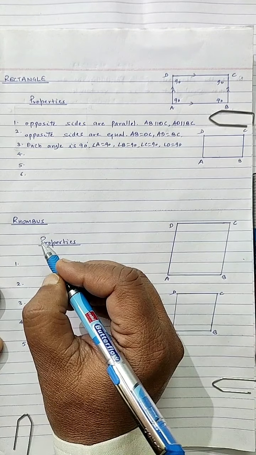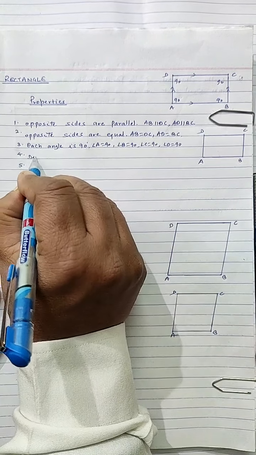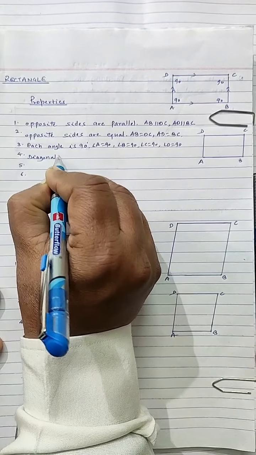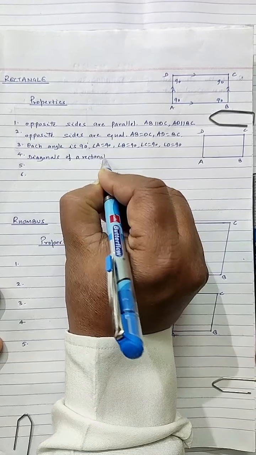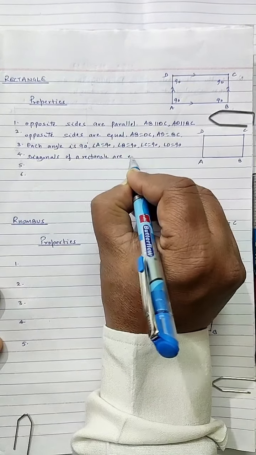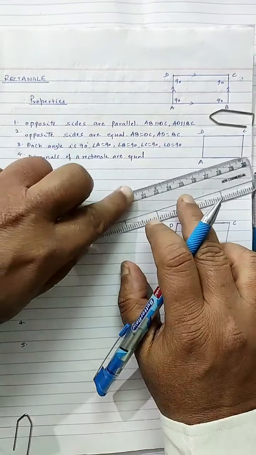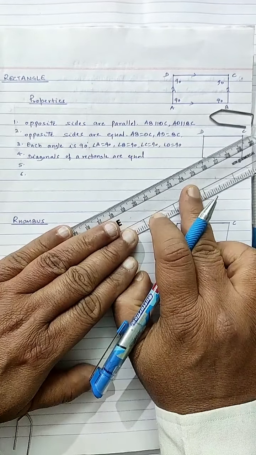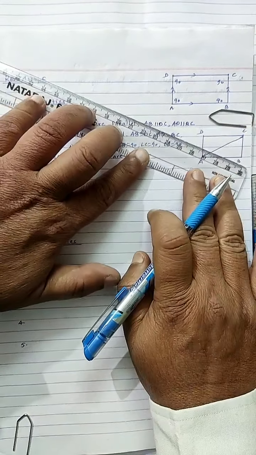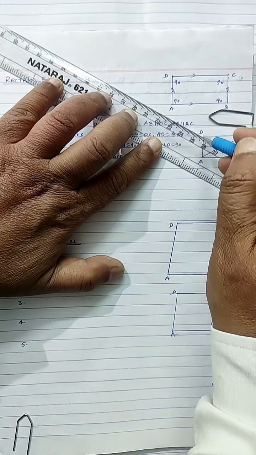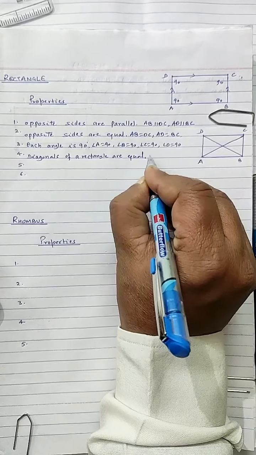The next property, diagonals of a rectangle are equal. So we make the diagonals in the figure. That is AC and BD are equal.